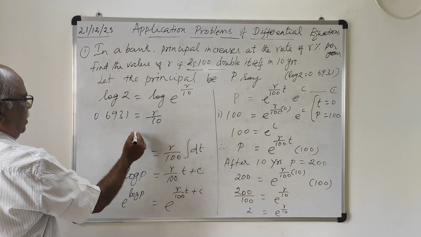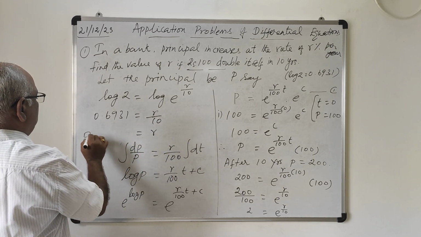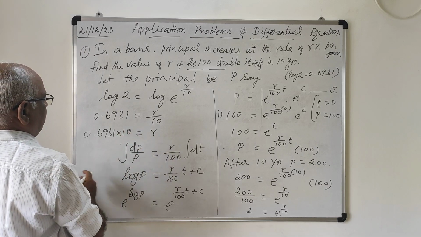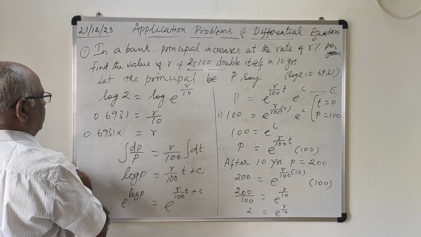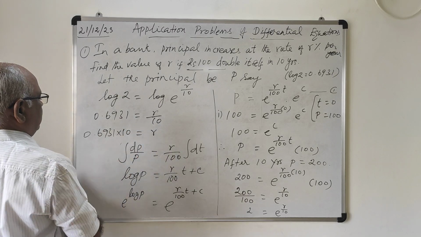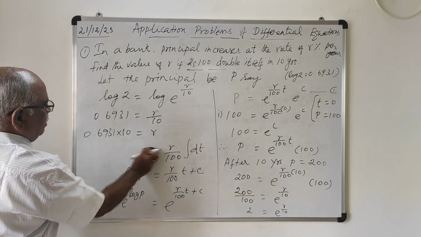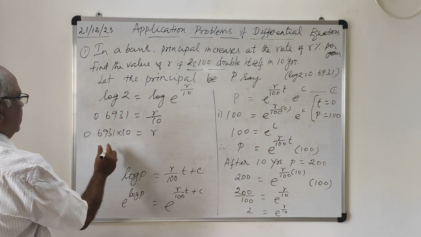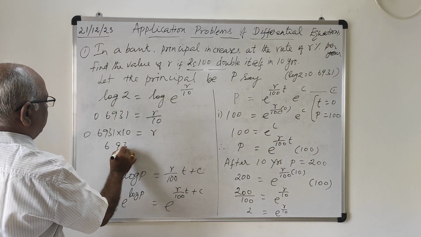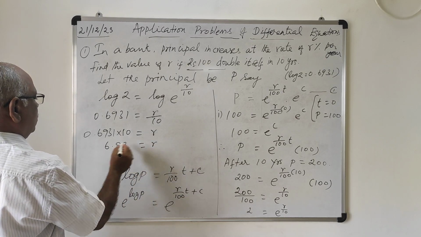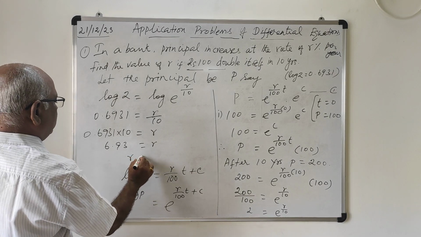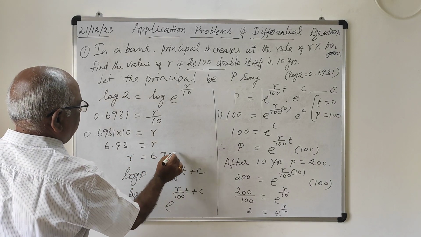Okay, now R equal to 0.6931 into 10, that is 6.93 equal to R. So our required rate of interest is R equal to 6.93%.